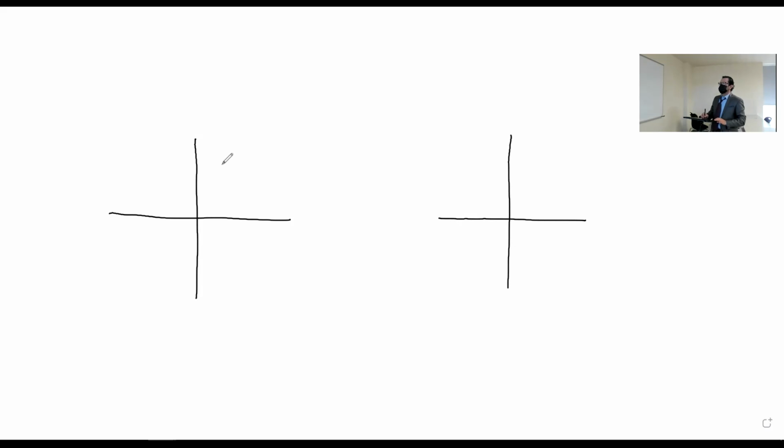The first graph is this function here, y equals f of x equals x to the 3. Then I'm going to draw another one here that's going to be something like this. This is y equals f of x equals x squared.